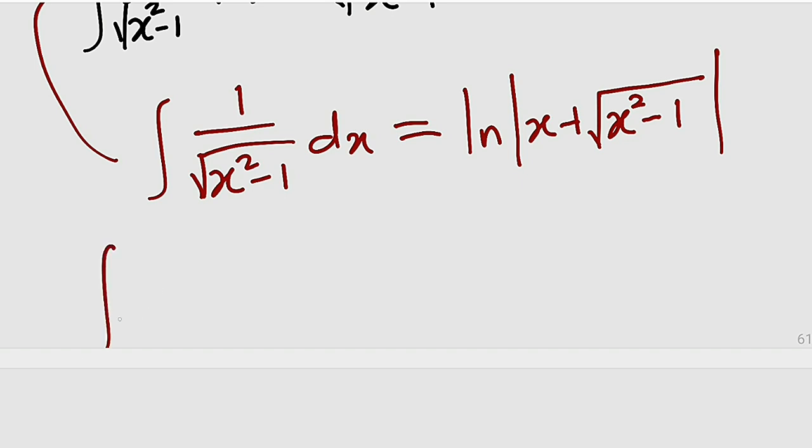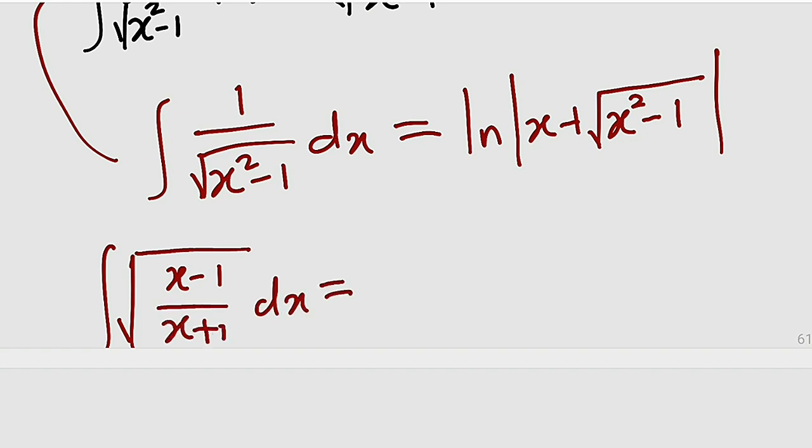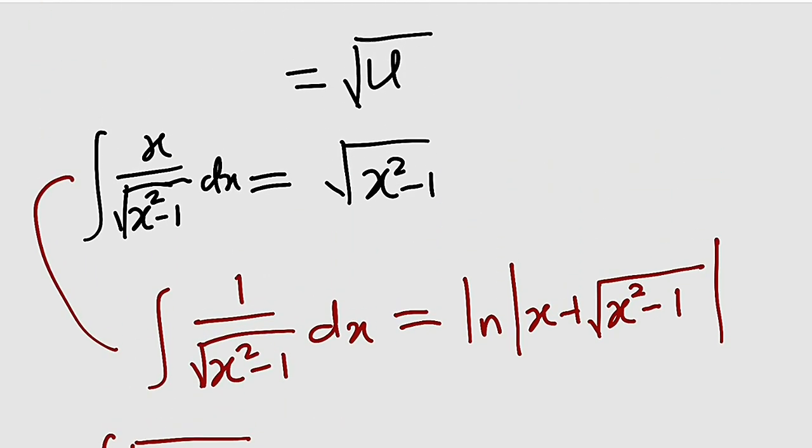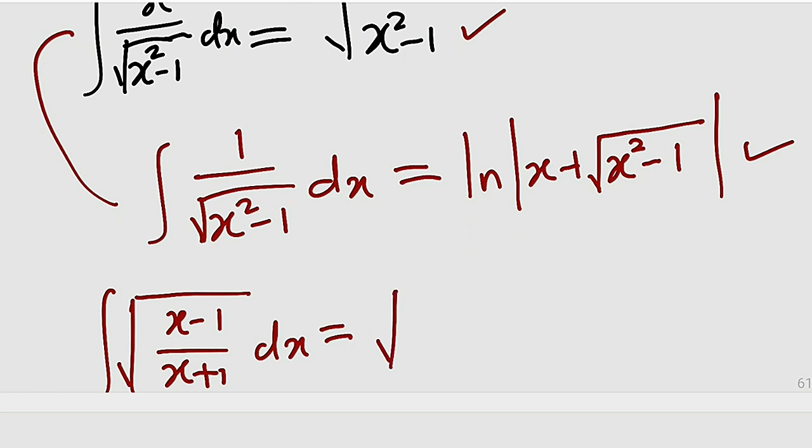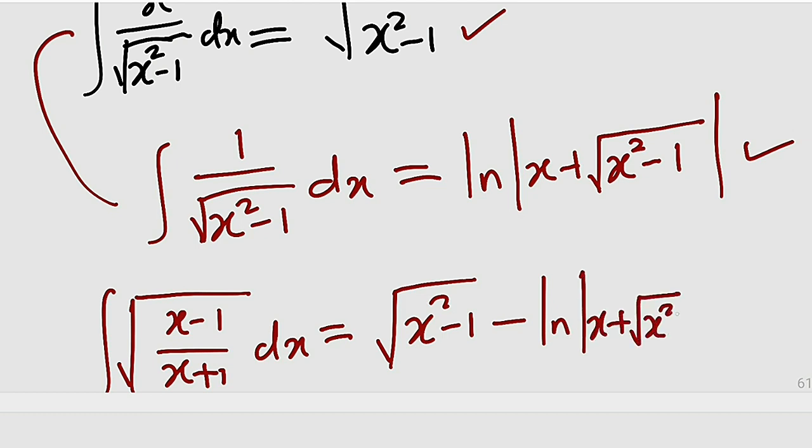The integral of the square root of x minus 1 divided by x plus 1 dx, right? Which is just equal to, we have this minus this, the square root of x squared minus 1, then minus the natural log of the absolute value of x plus the square root of x squared minus 1, plus the constant of integration, and we are done.